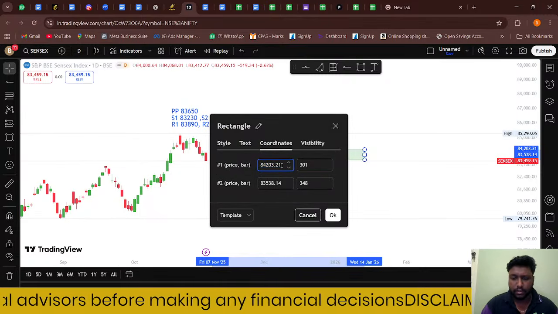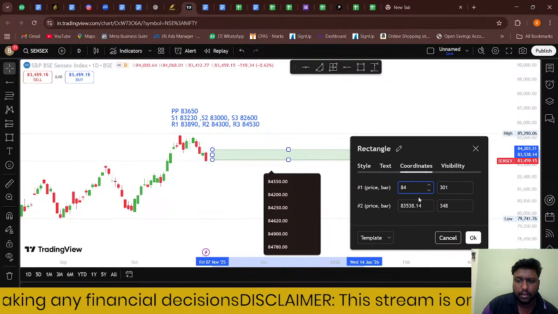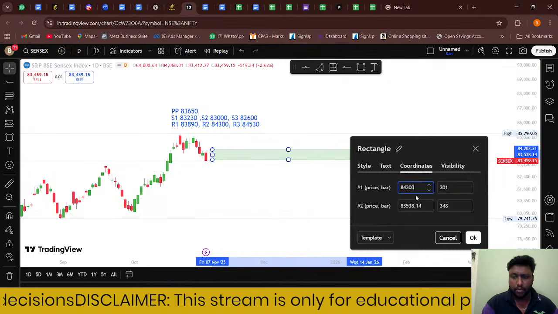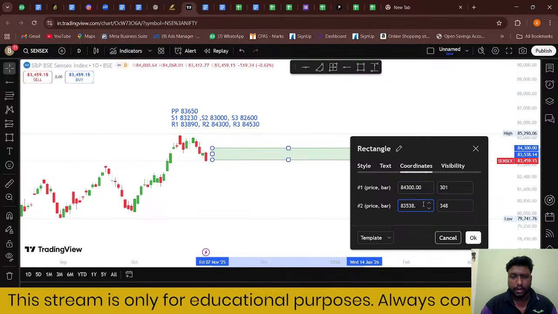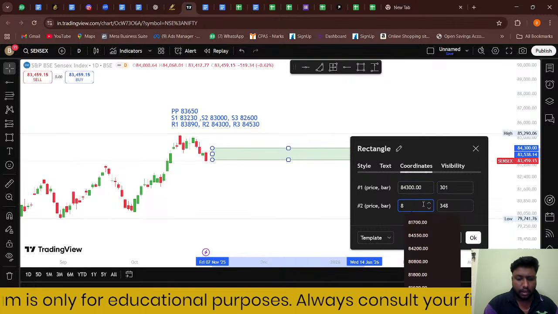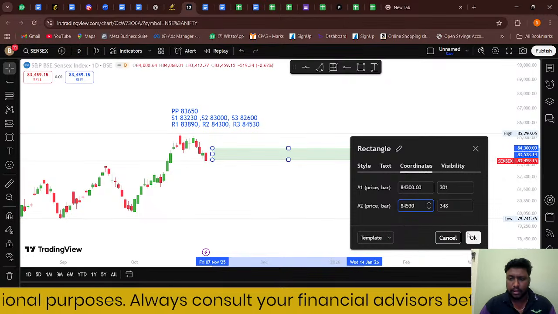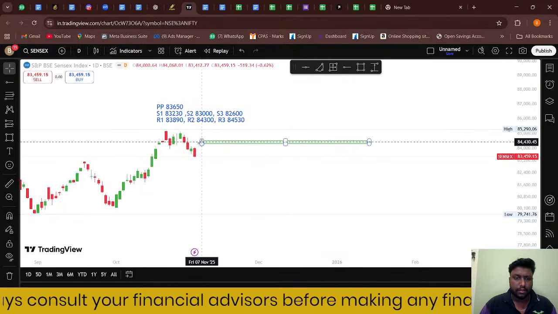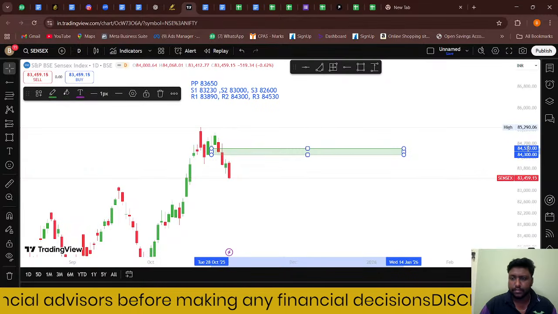Like I always said, R2 and R3 will be the bullish zones, so 84,300 and 84,530 will be the bullish zone for Sensex.